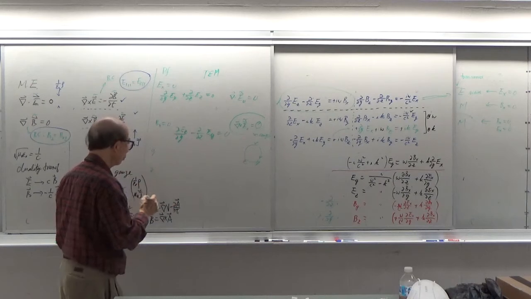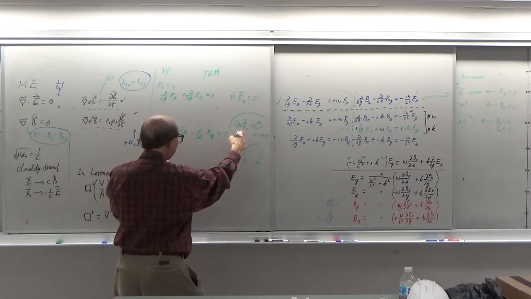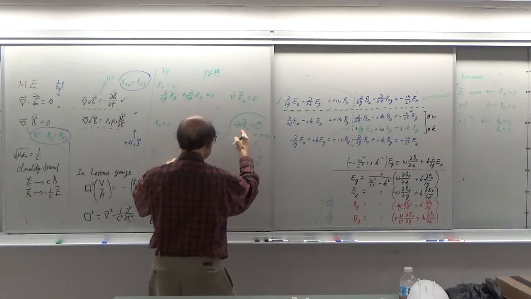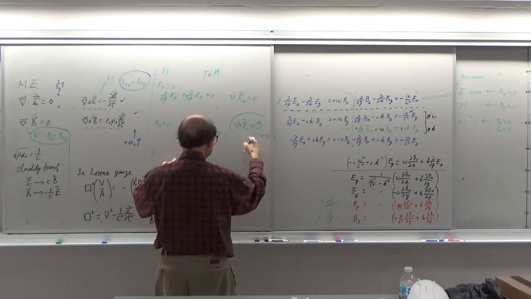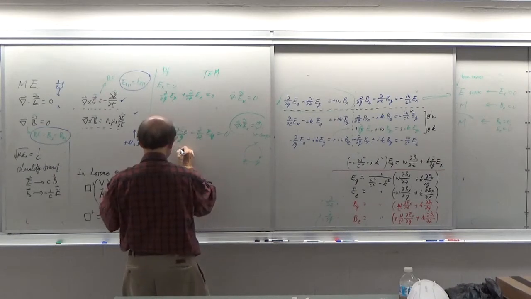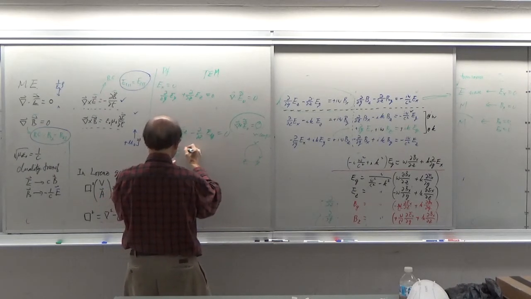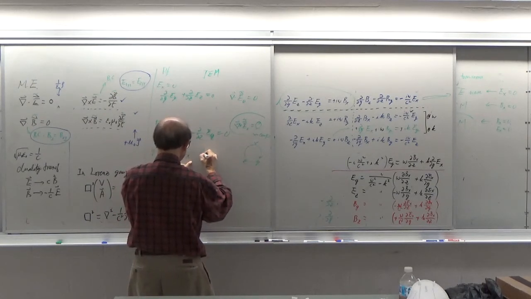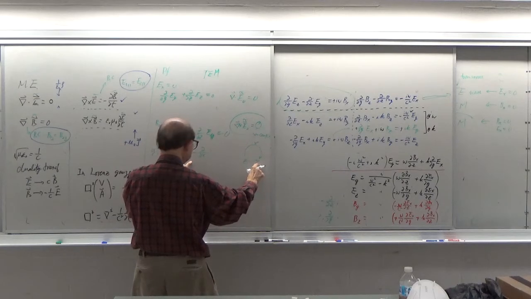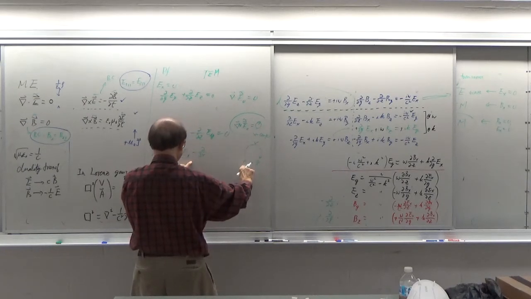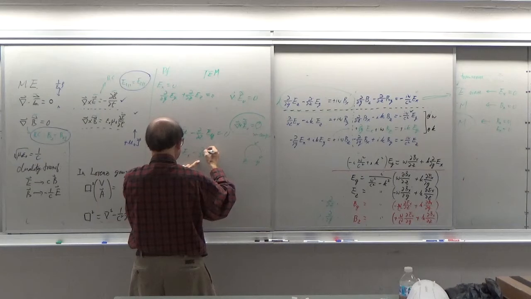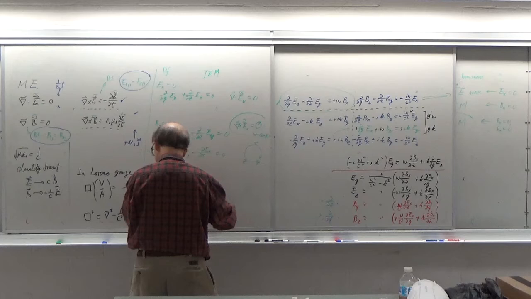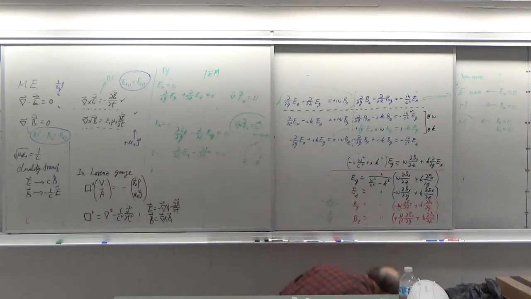The y component of this would be del by del z acting on Ex minus del by del x acting on Ez.